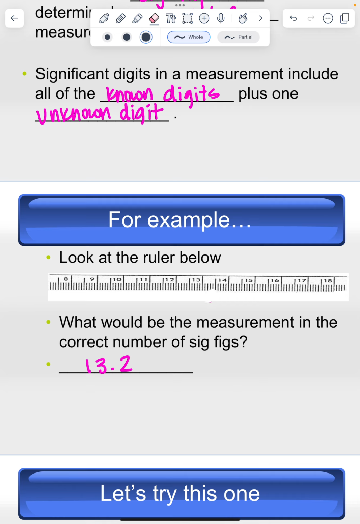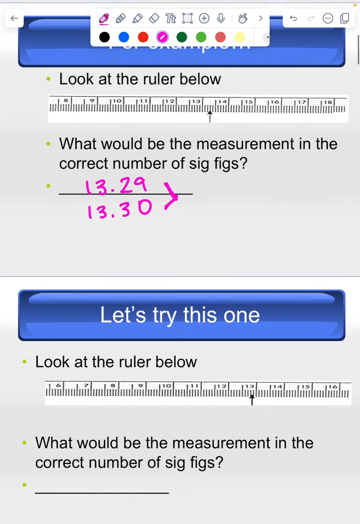I am seeing that it's right before that 13.3, so we would say 13.29. If you said that it was right on the 13.3, then your unknown digit that you would have to estimate would be a 0. Both of these are absolutely correct, and they are the correct number of sig figs.